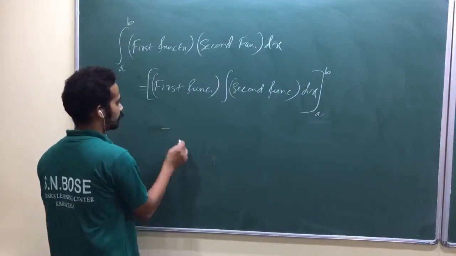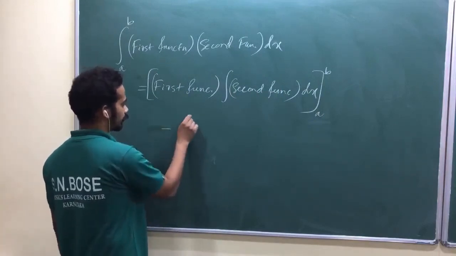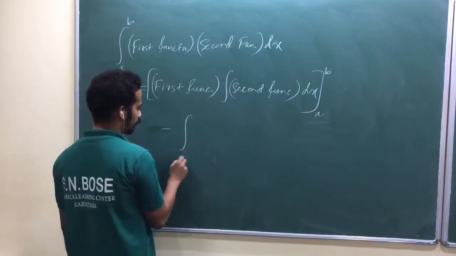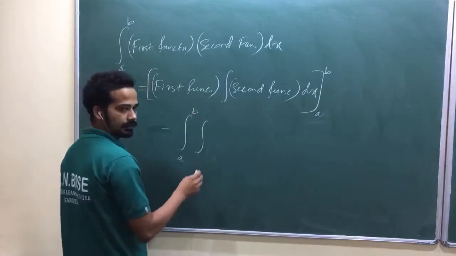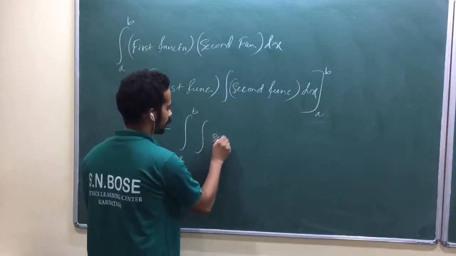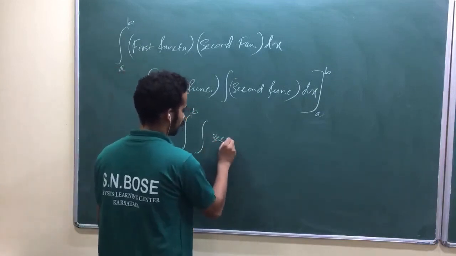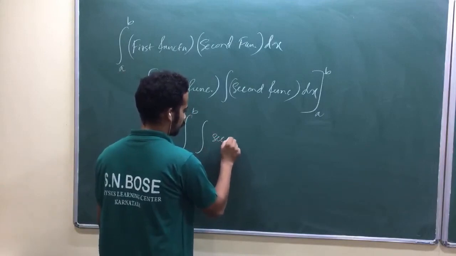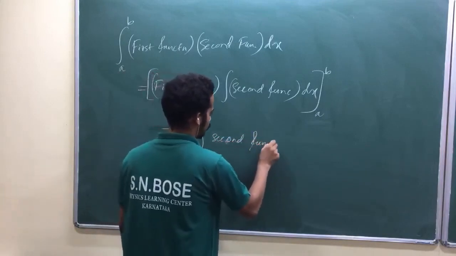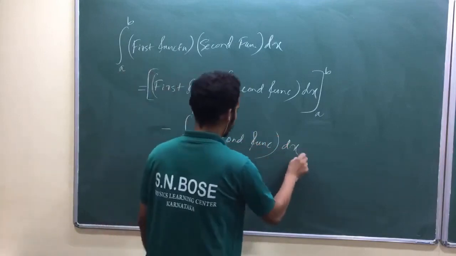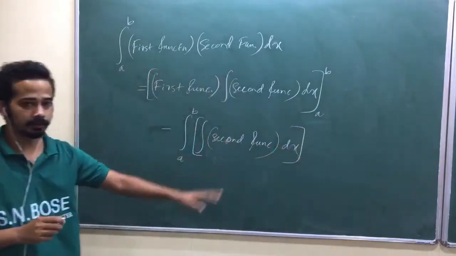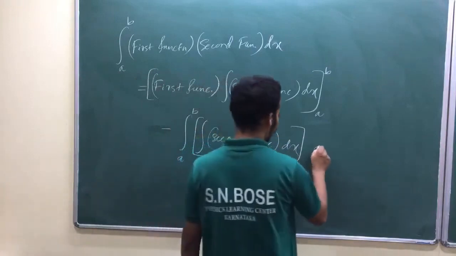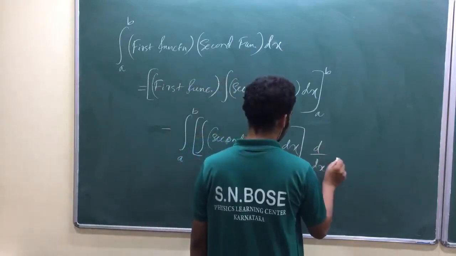So minus what is this one? Integration of, again a to b, integration of second function dx. Is that okay? Integration of second function dx, don't apply the limit, into differentiation of first function.